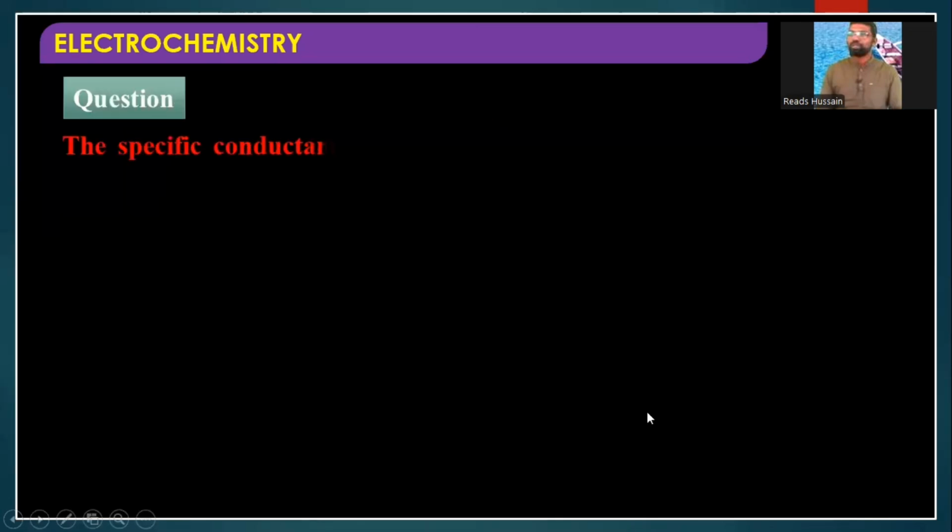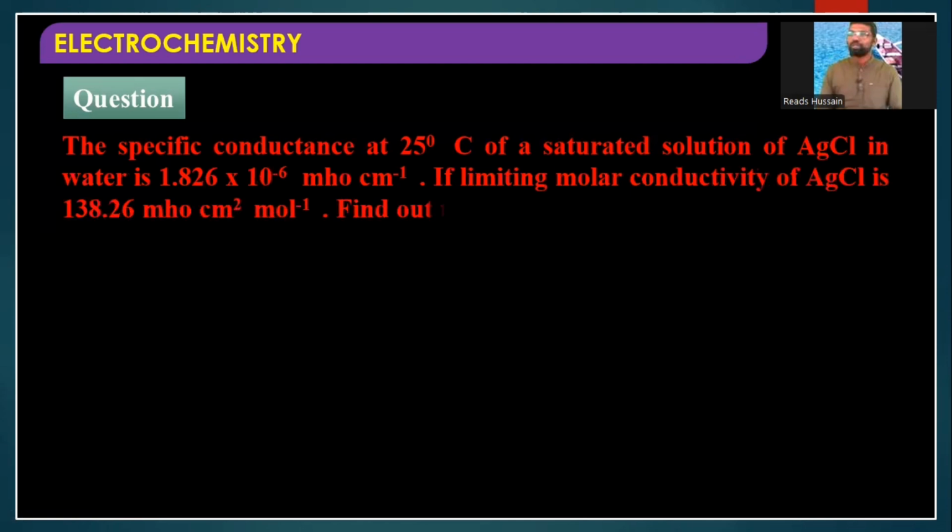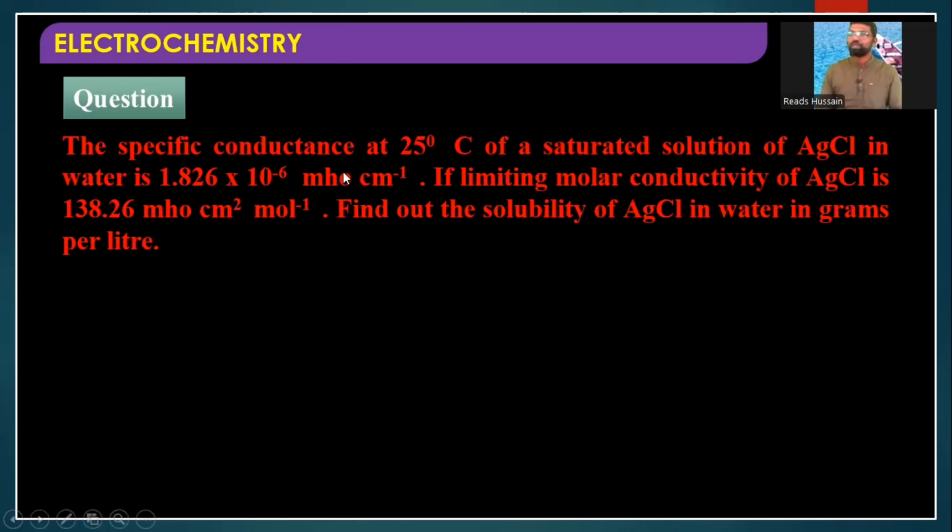One small question is given. The specific conductance at 25 degrees Celsius of a saturated solution of AgCl is given. Specific conductance means, be careful, conductivity. Conductivity means kappa, that is the kappa in that formula.